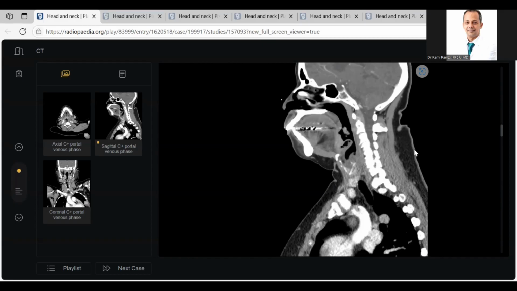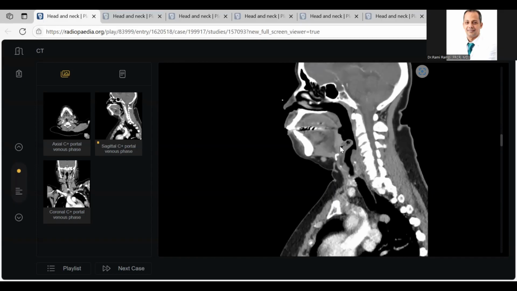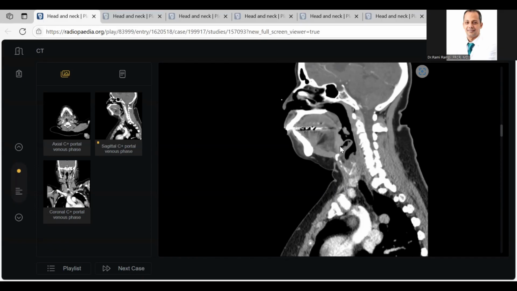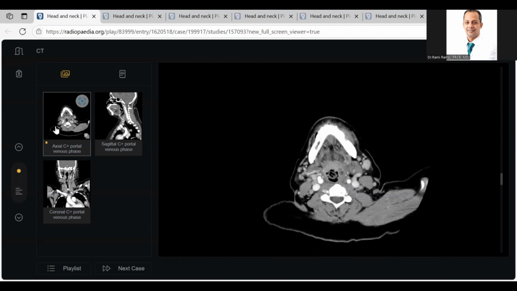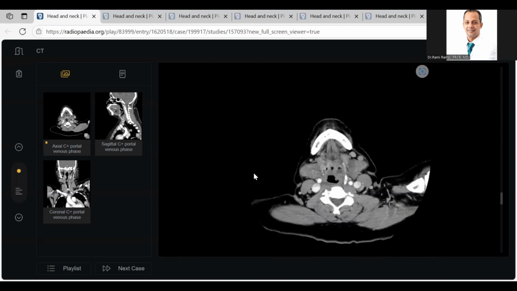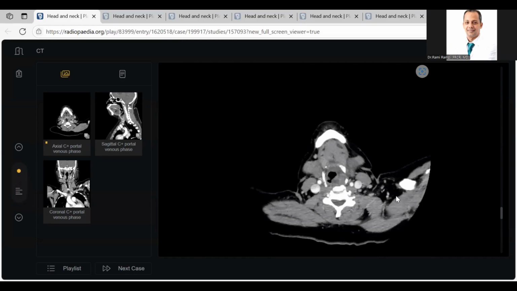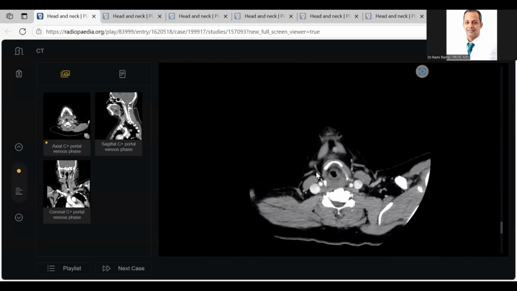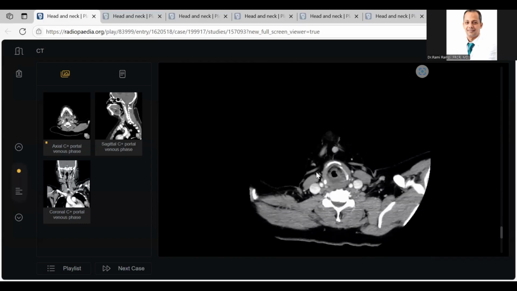Yes, emphysematous. So this is emphysematous infection of the epiglottis, emphysematous epiglottitis. What will you do next? What is the most important and the most critical? The most important here is to secure the airway, as it can cause airway obstruction.